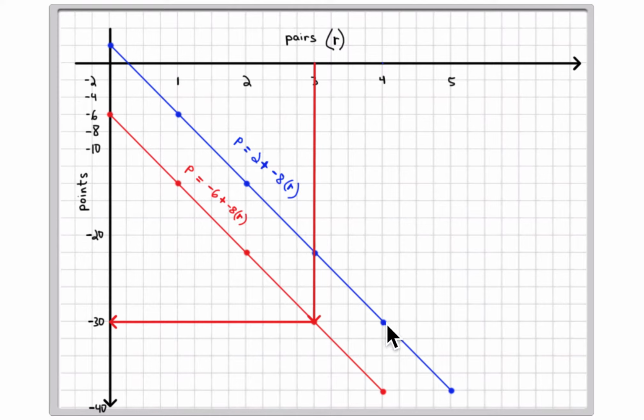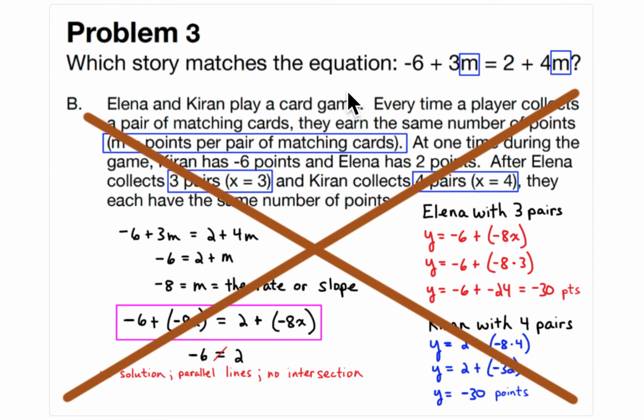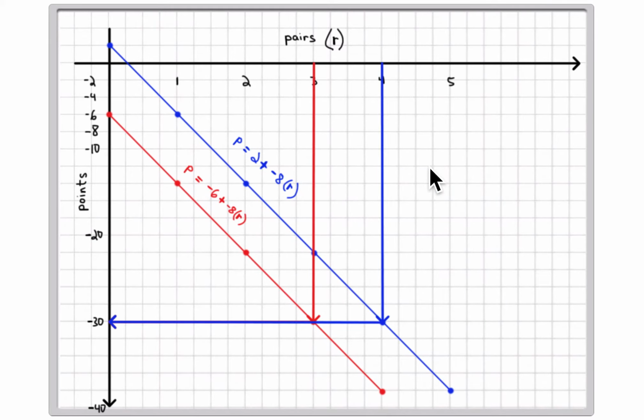Elena has to collect 4 pairs because she's starting at 2 points. Let's go back and check for just a second. Elena, yeah, is at 2 points. All right, and Elena collects 4 pairs to get to that same negative 30 points. So the story doesn't make any sense, but the graphs are the same.